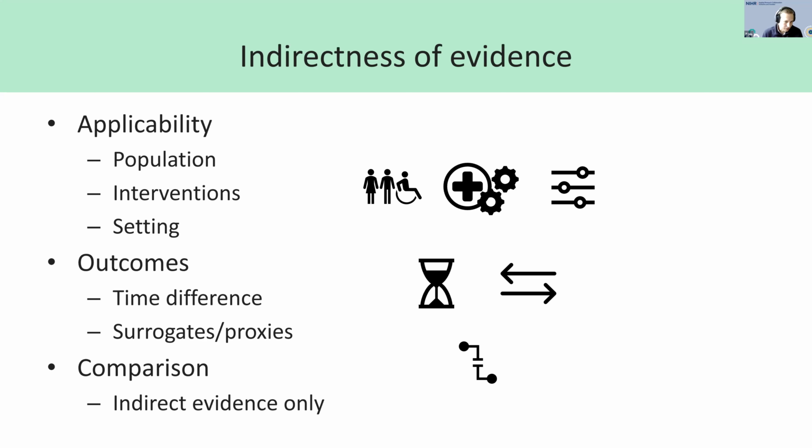So you've got two results, which are a comparison with no intervention, and then you're trying to make an inference on the basis of those two pieces of indirect evidence. So again, a reason to be less certain about the result.